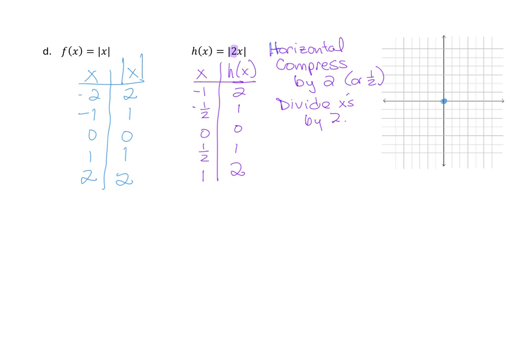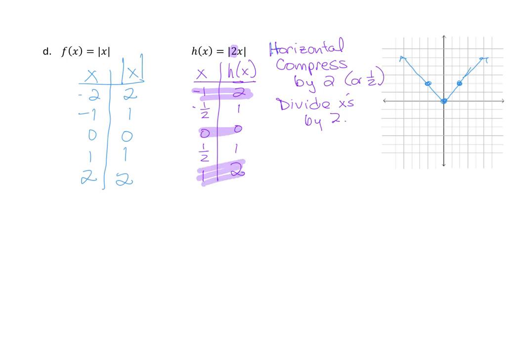All right, when we look at our original graph, again, we have our V shape. I'm going to go with the nice points. I'm not going to work with the fractions. And so the ones that I'm going to go ahead and plot is I'm going to plot the -1, 2, the 0, 0, and the 1, 2.